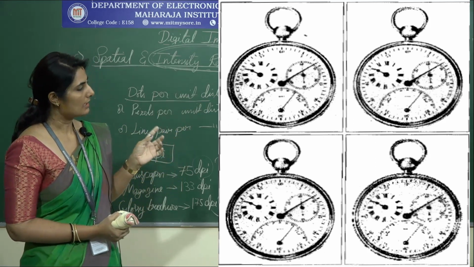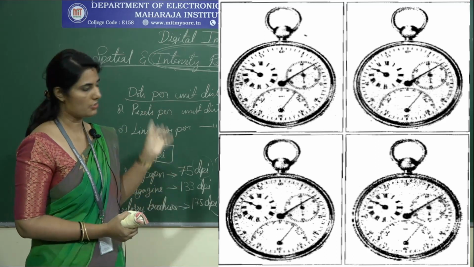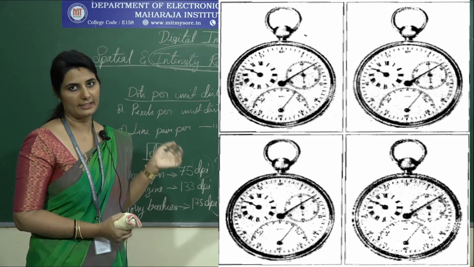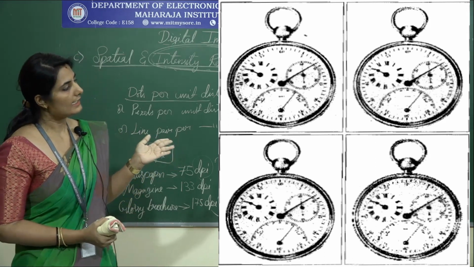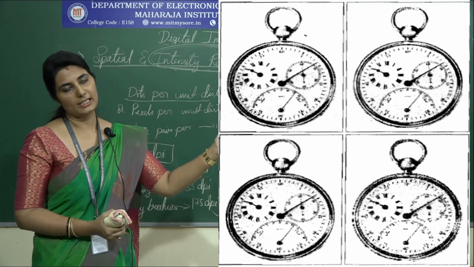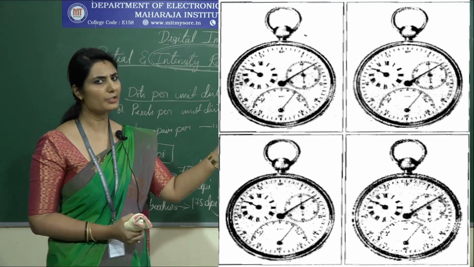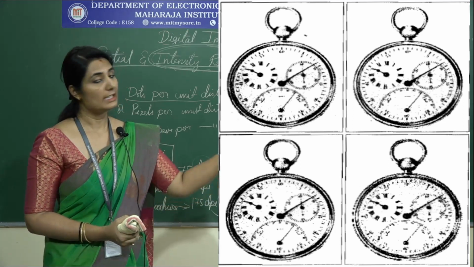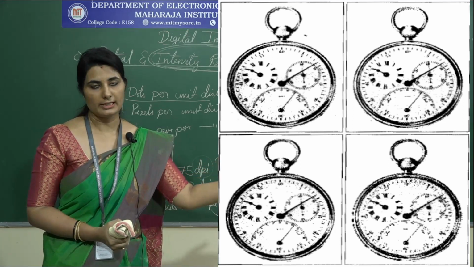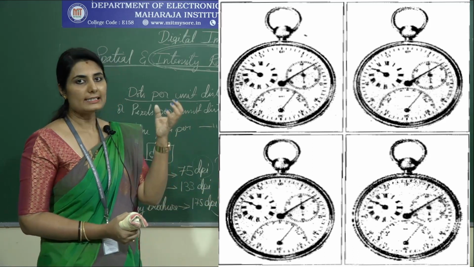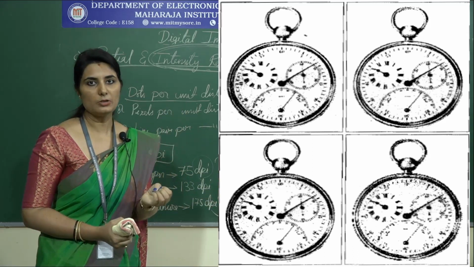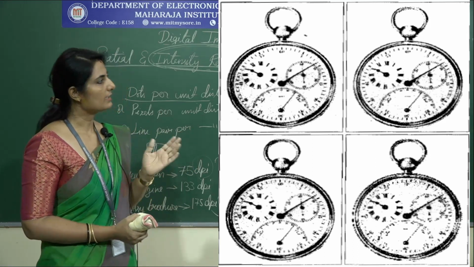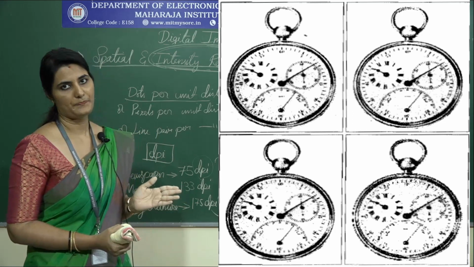You can observe that the circular edge as well as the small needles are degraded. The last image has a DPI of 72, where many of the features have been degraded and the image quality is very poor. So when there is a reduction in spatial resolution, the image quality also reduces. This is one good example.